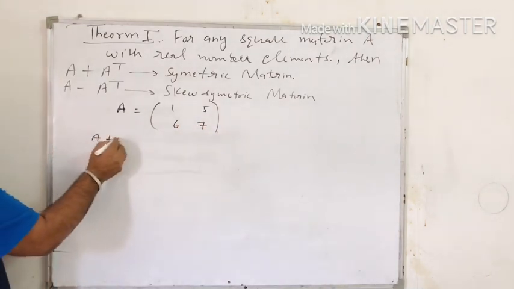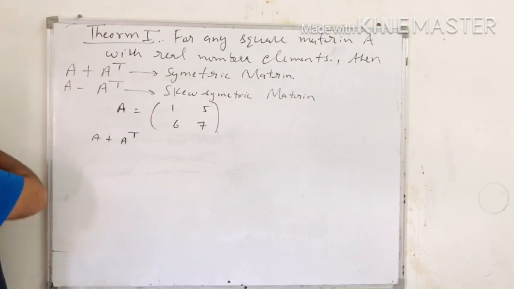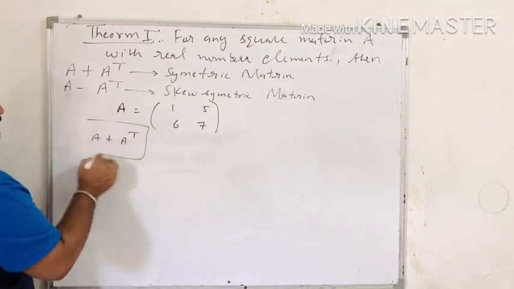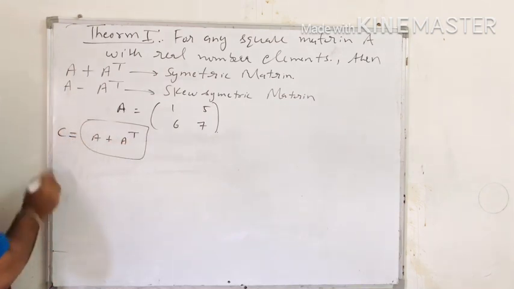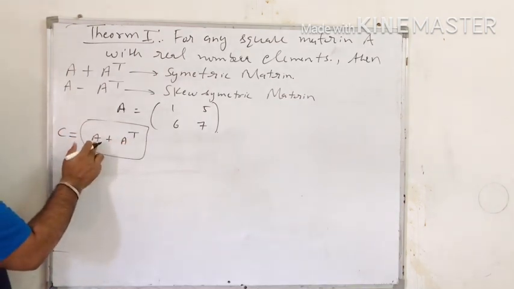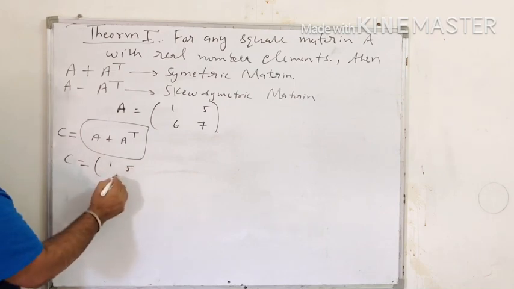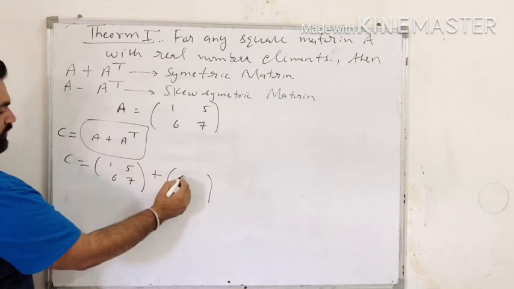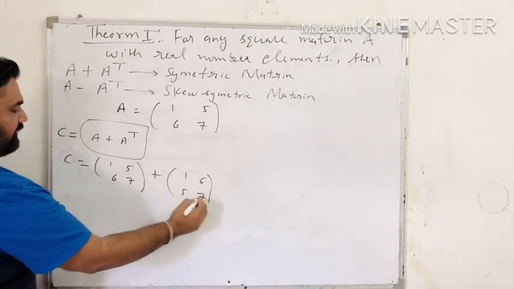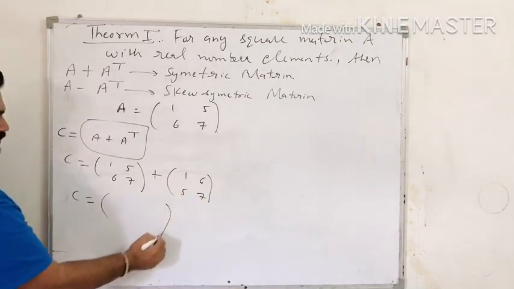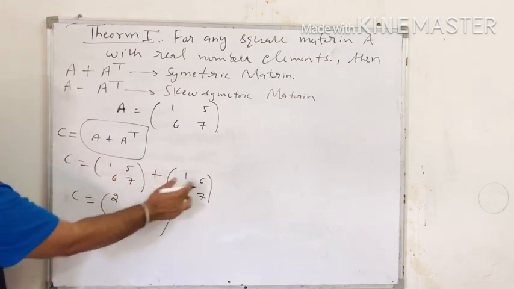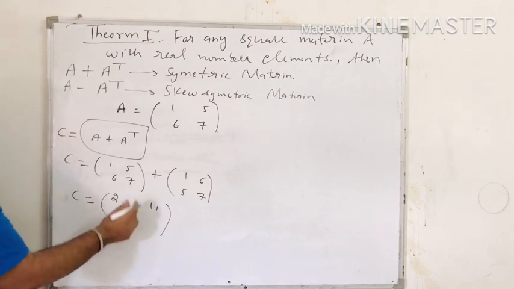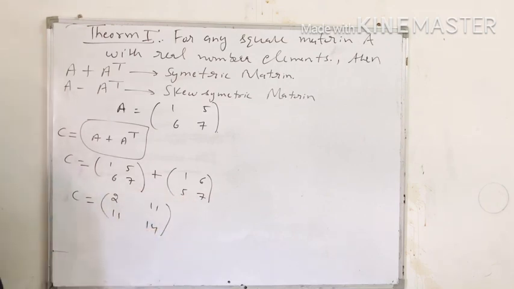Now A plus A transpose, we assume this equals C. Now what is the value of C? A is [1, 5; 6, 7] plus A transpose [1, 6; 5, 7]. Now C equals 1 plus 1, 2; 5 plus 6, 11; 6 plus 5, 11; 7 plus 7, 14.